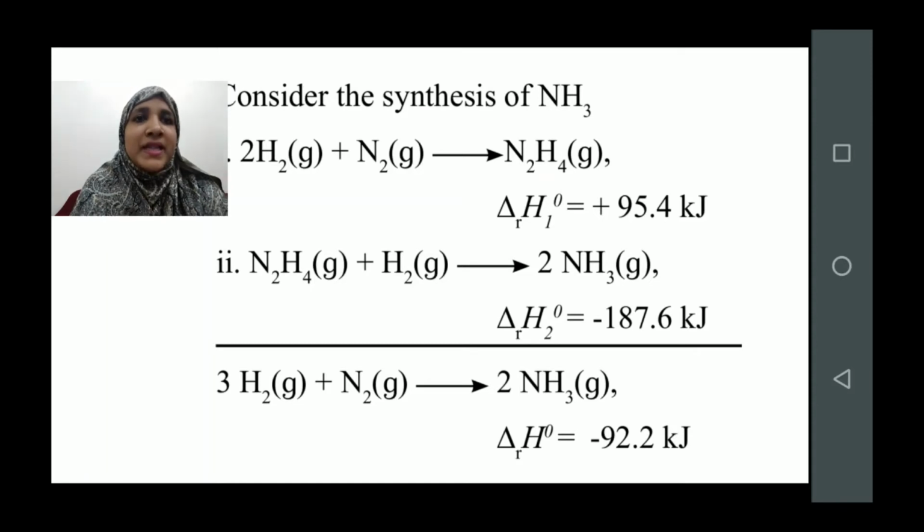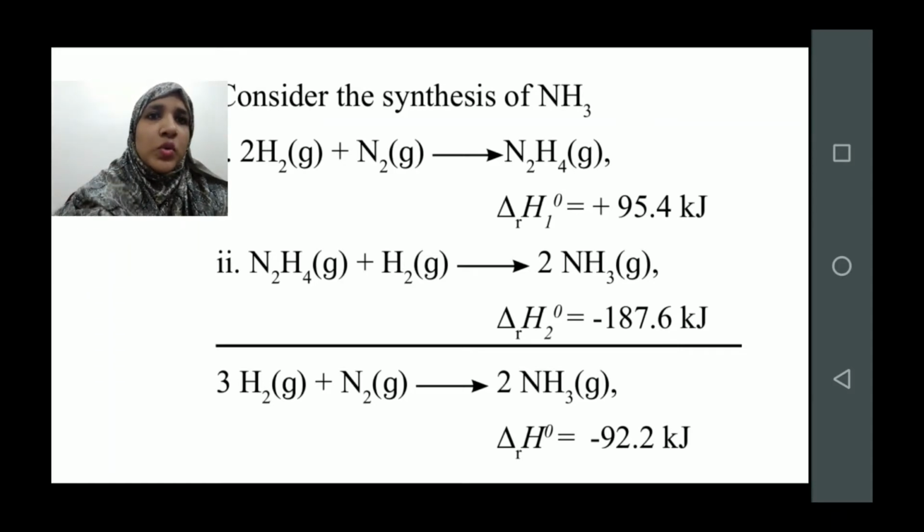Then in the next step this N2H4 reacts with another 1 mole of hydrogen and forms 2 moles of ammonia. For this reaction the enthalpy change is found to be minus 187.6 kilojoules.